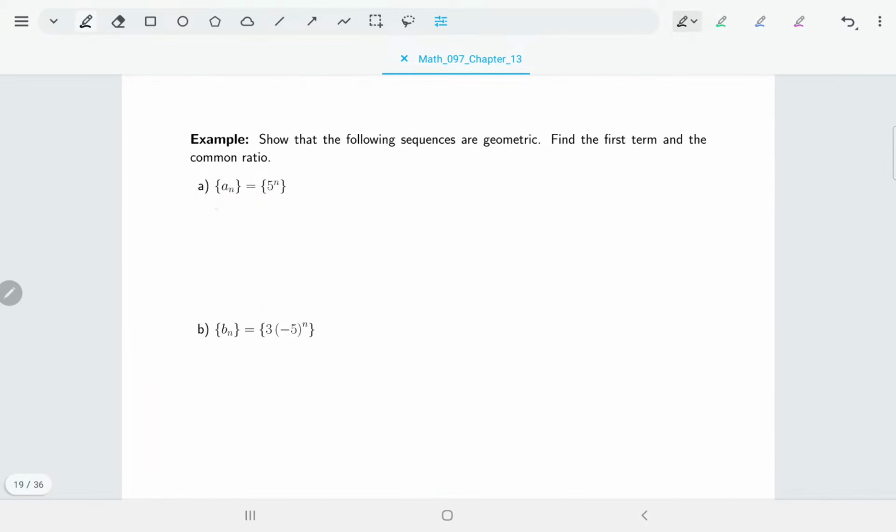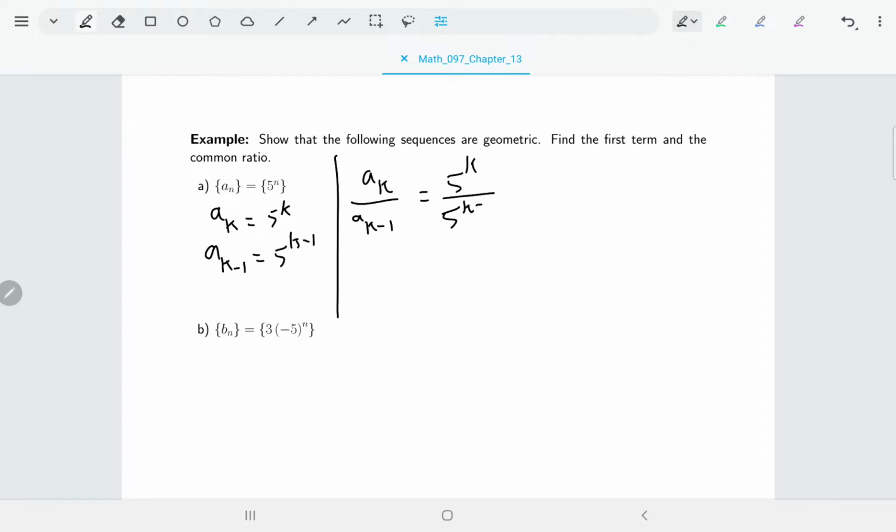So first I just need to figure out what is term k. Well, for this one it's 5 to the k. Term k minus 1 would be 5 to the k minus 1. And if I looked at term k divided by term k minus 1, that's 5 to the k over 5 to the k minus 1. Using your exponent rules, that simplifies to give you just 5.